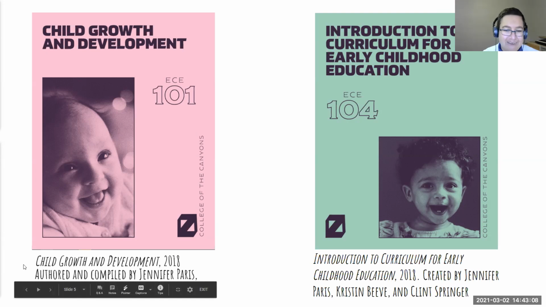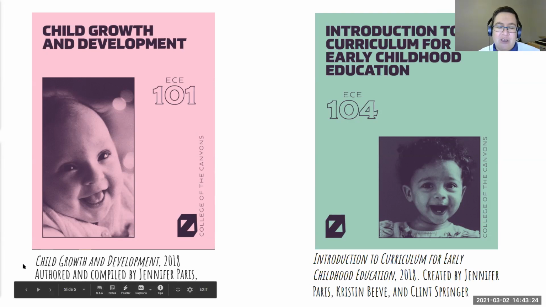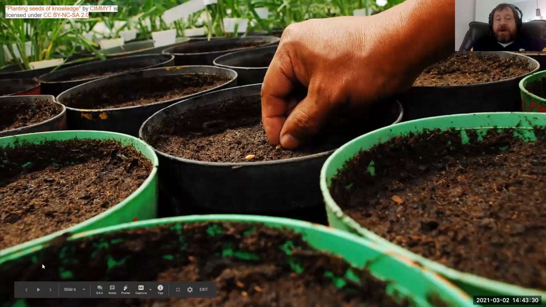My first thought was that having this core of openly licensed material that you were free to use, change, and put into whatever framework you had in mind for your class was going to help jumpstart your creation process. And it really did.